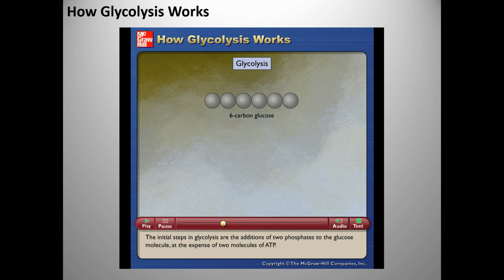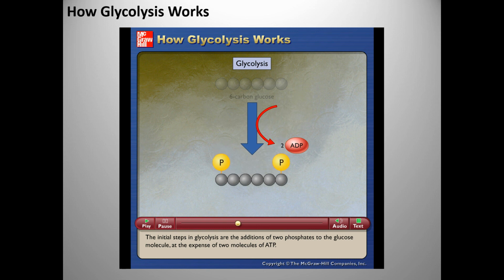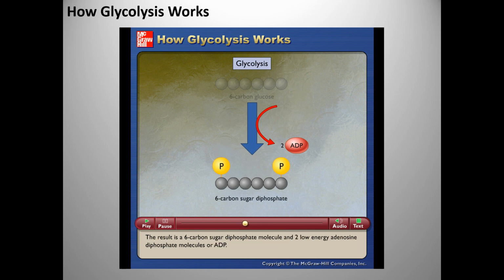The initial steps in glycolysis are the additions of 2 phosphates to the glucose molecule at the expense of 2 molecules of ATP. The result is a 6-carbon sugar diphosphate molecule and 2 low-energy adenosine diphosphate molecules, or ADP.